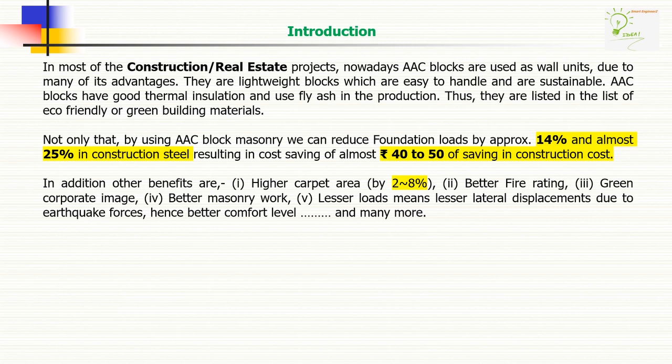In addition, other benefits are higher carpet areas, by 2 to 8%, better fire rating, green corporate image, better masonry work, lesser loads meaning lesser lateral displacements due to earthquake forces, hence better comfort level, and many more.